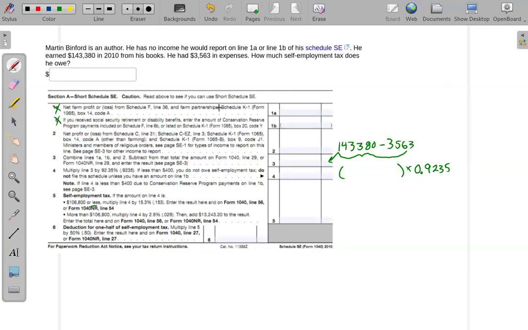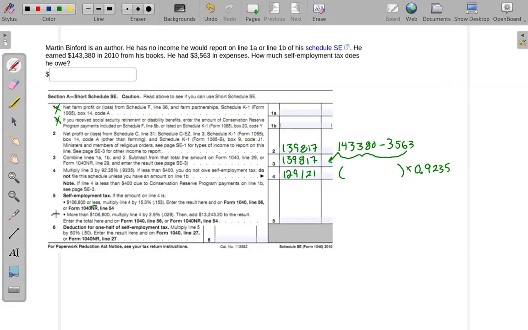So we found that the difference is $139,817. And then rounding 92.35% of that line 3 number, which is also the same number for line 2, we get $129,121 and no cents.